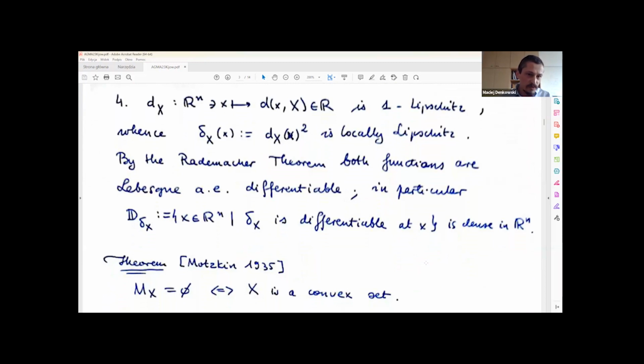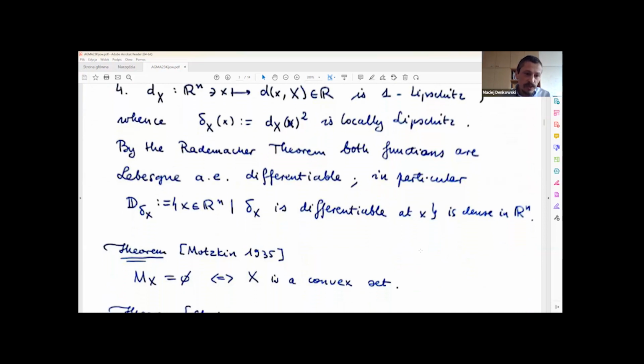So one more remark, just to better understand the notions, is that, of course, we know that the distance function is 1-Lipschitz. It implies that the squared distance function is locally Lipschitz. And therefore, by the usual result, the Rademacher theorem, both functions are almost everywhere differentiable in the Lebesgue sense. So in particular, the set of differentiability points of the squared distance function is a dense subset of R^n.